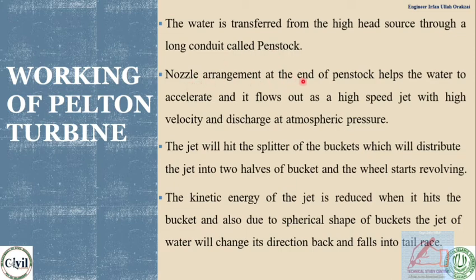The nozzle arrangement helps the penstock accelerate the water by reducing its opening area. So it flows out as a high speed jet with high velocity and discharges at atmospheric pressure. This high velocity water is used to rotate the turbine.